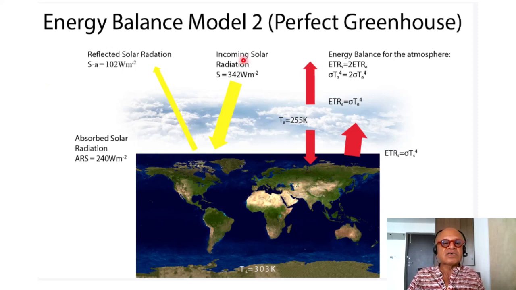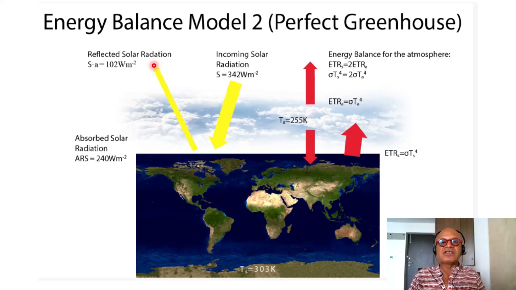So the second model here, looking again at the number with one greenhouse gas layer, we got a surface temperature of 303 Kelvin. We were looking at total solar energy coming in at 342, about 30% being reflected, 102 watts per meter squared.